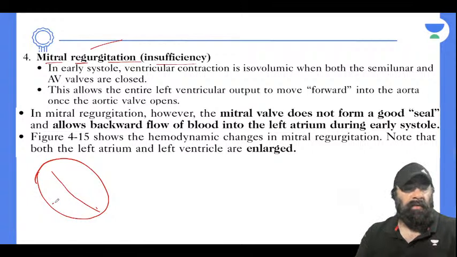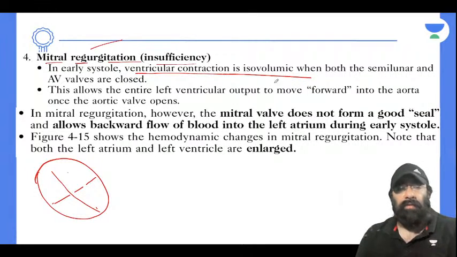Here we have the bicuspid valve, the mitral valve, and here regurgitation means it is not closing properly. So if it is not closing, then what will happen? There will be regurgitation in early systole during the ventricular contraction. What happens basically? Let's try to understand.